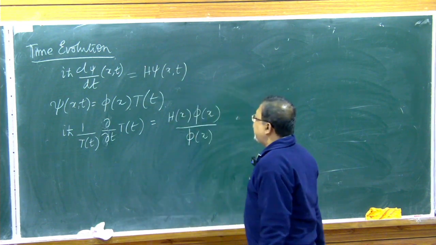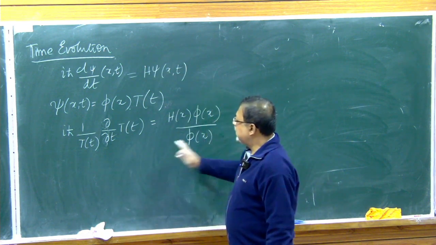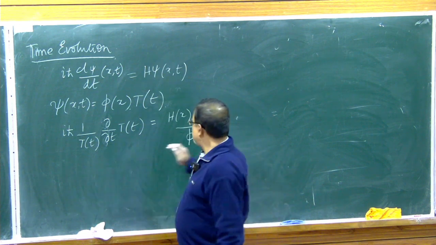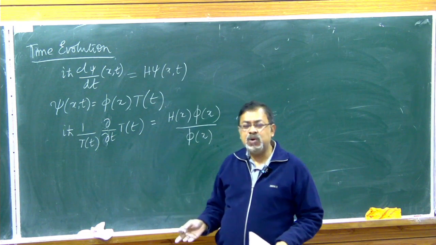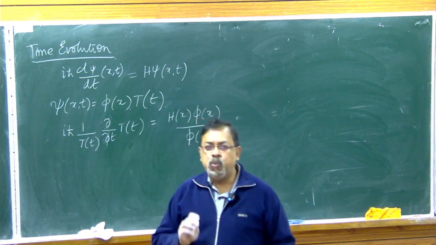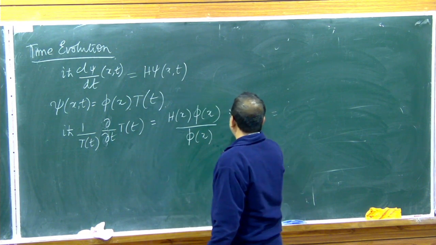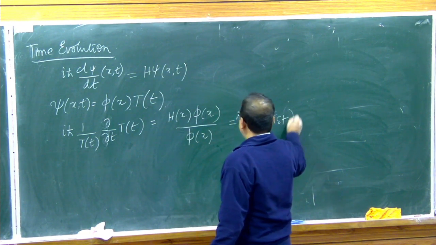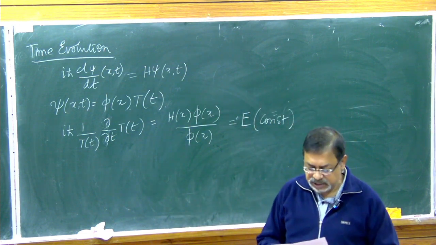Now you see that the left side is purely a function of t, and the right hand side is purely a function of x. If they are equal, there is only one way that they can become equal: both of them must be a constant, E. I'm taking the constant to be E, which is of course the energy of the system.